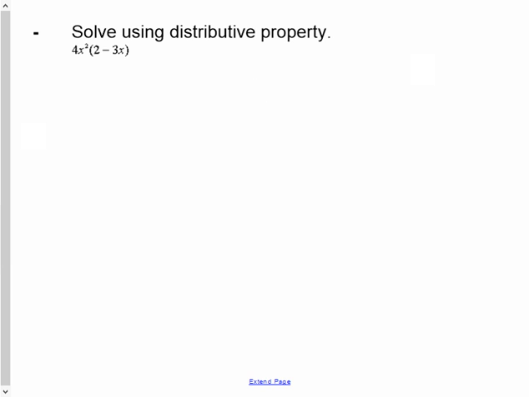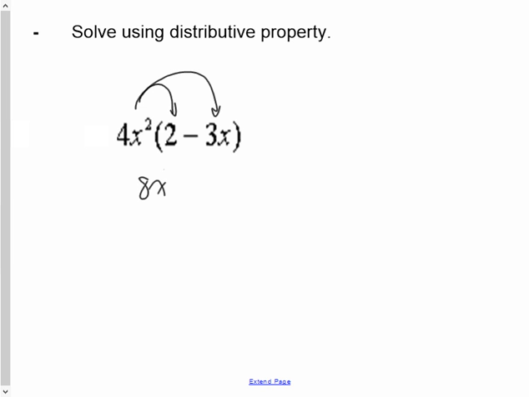Your next one, 4x squared times 2 minus 3x. 4x squared times 2 is 8x squared. And 4x squared multiplied by negative 3x will be a negative 12 for your coefficient, and x cubed for your exponential form of x squared times x.